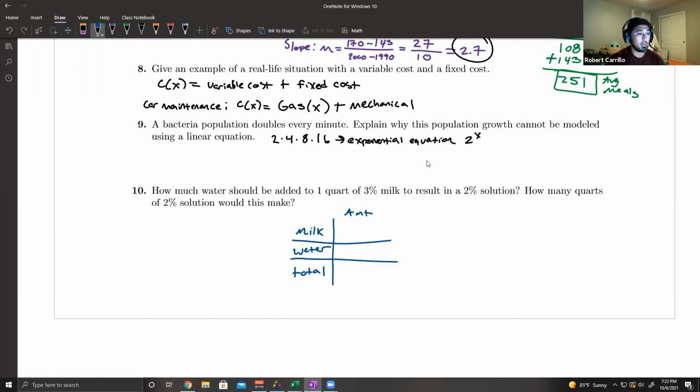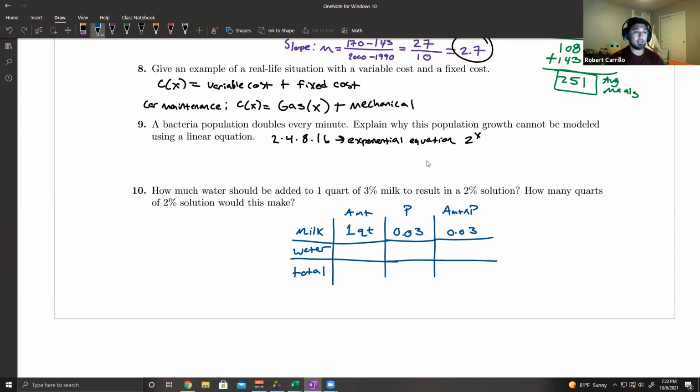And in milk, we are adding 1 quart. And then the percent of that milk is 3%. So 0.03. And then remember the last column is amount times percent. So 1 times 0.03 is 0.03. Okay.